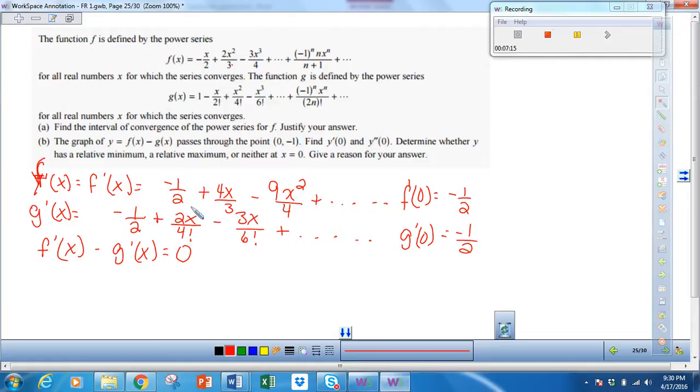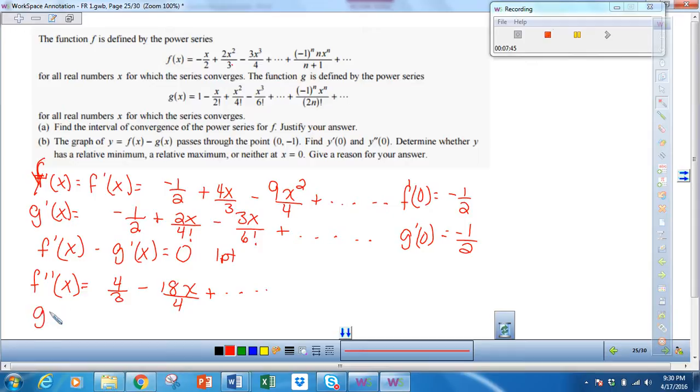Okay? Now we need to find the second derivative. So I think you got 1 point for this. To find the second derivative, we just differentiate this again. So we get f double prime of x. The negative 1/2, the derivative of that is 0, so then we get 4/3 minus 18x over 4, so on and so forth.